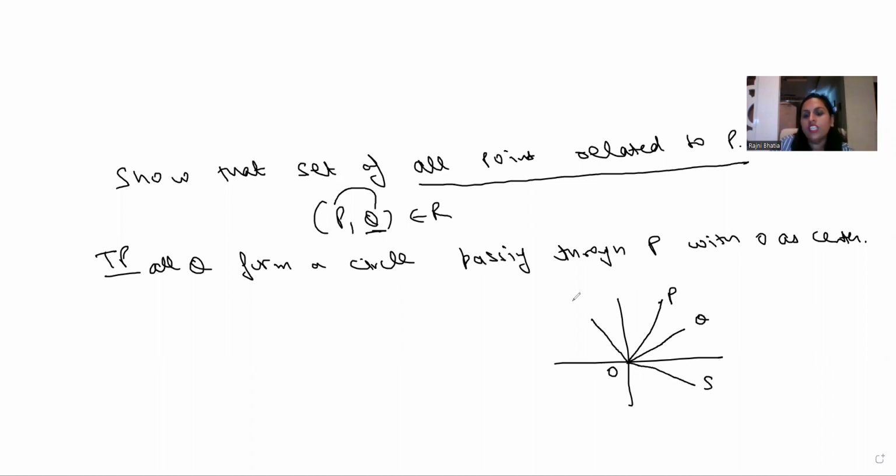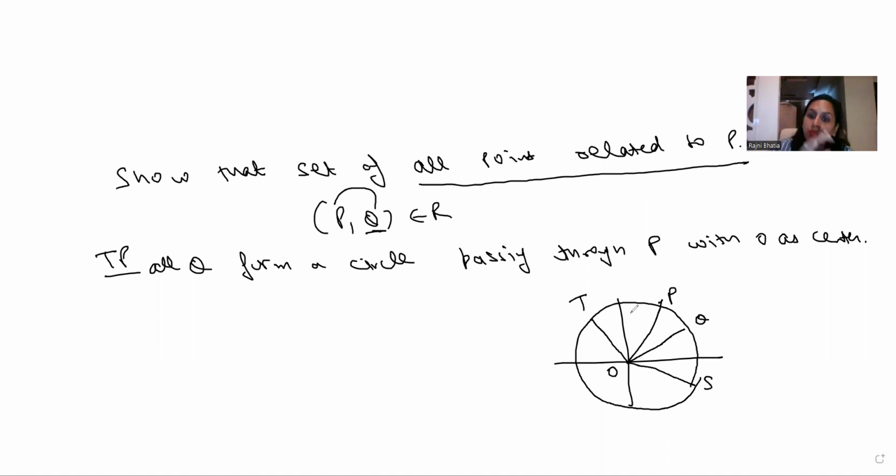Suppose there is a point T which is related to P. So we can say OT is equal to OP. So now you can see that these all form a circle with center at O passing through the point P, and these OP, OQ, OS, OT are all radii. So this is how we have visualized our question.